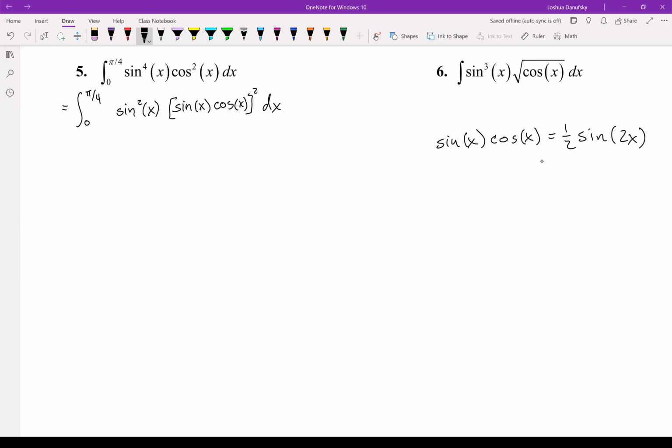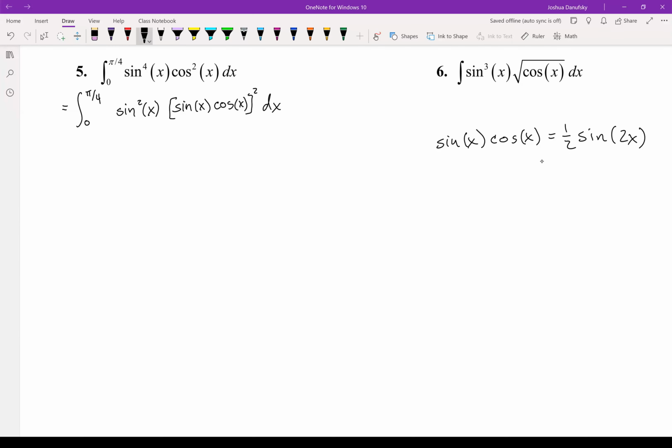This is actually a double angle formula for sine. If we multiply both sides by 2, you'll recognize that from when you took trig. But what that allows us to do is rewrite this whole portion as sine 2x squared, and then we'll be able to use a power reduction formula there.